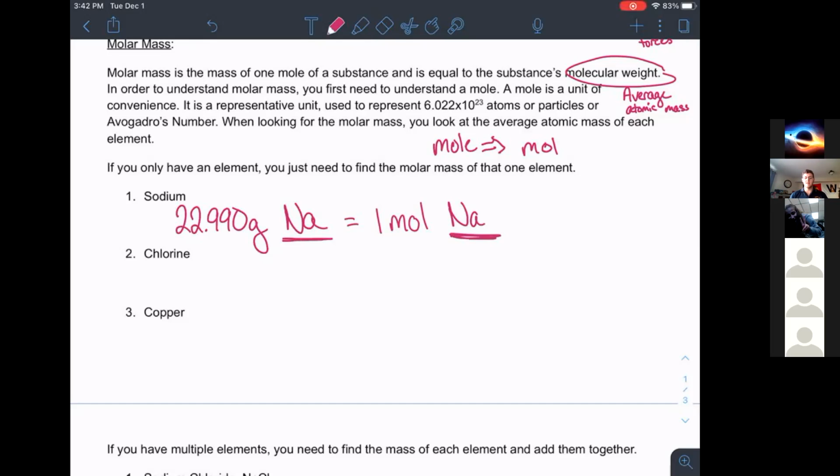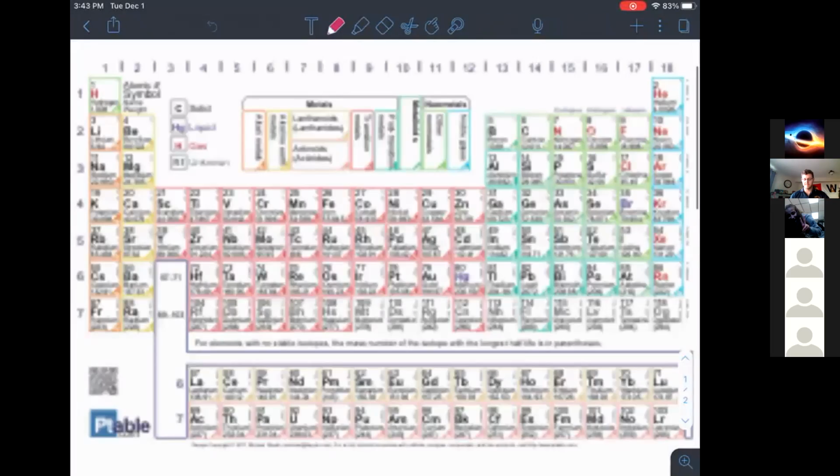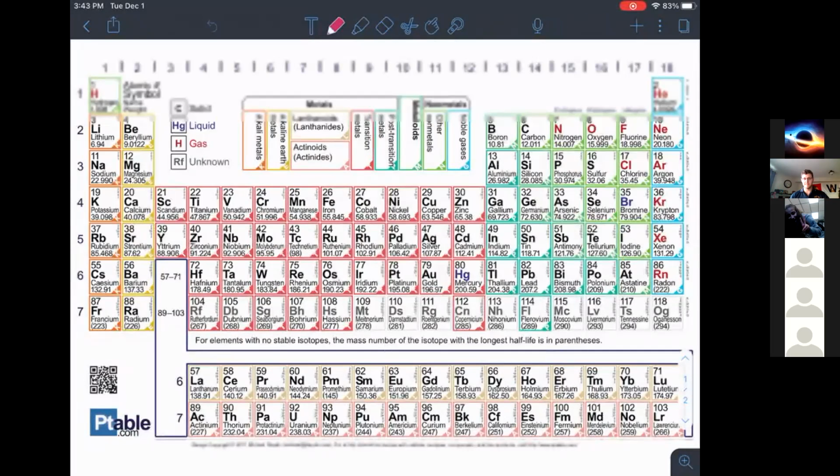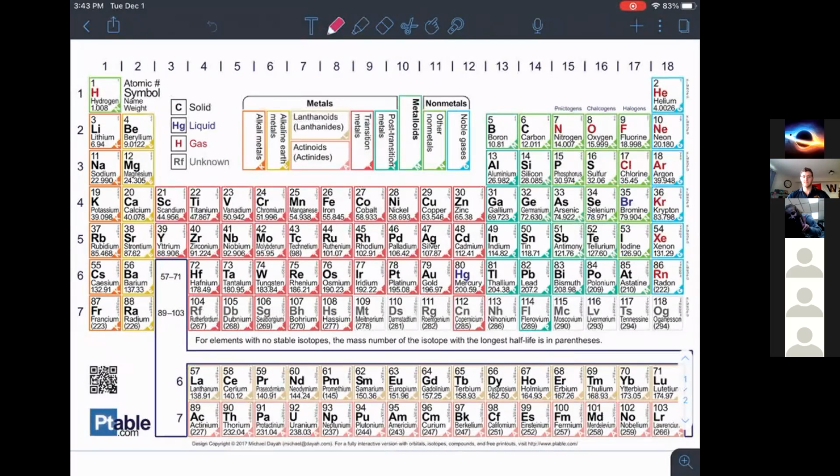Who could tell me the molar mass of chlorine then? For chlorine, yep. 35.45. Perfect. That's the number of grams for 1 mole of chlorine.